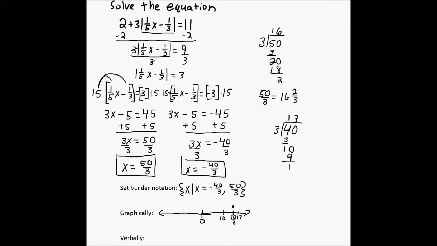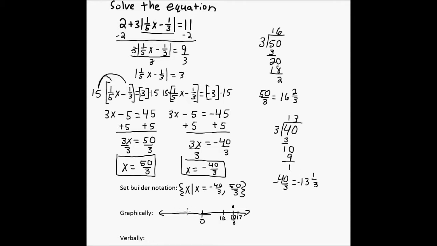So 40 divided by 3 equals 13 and 1/3. So negative 40 divided by 3 will just be negative 13 and 1/3. So I know that negative 40 divided by 3 is between negative 13 and negative 14.